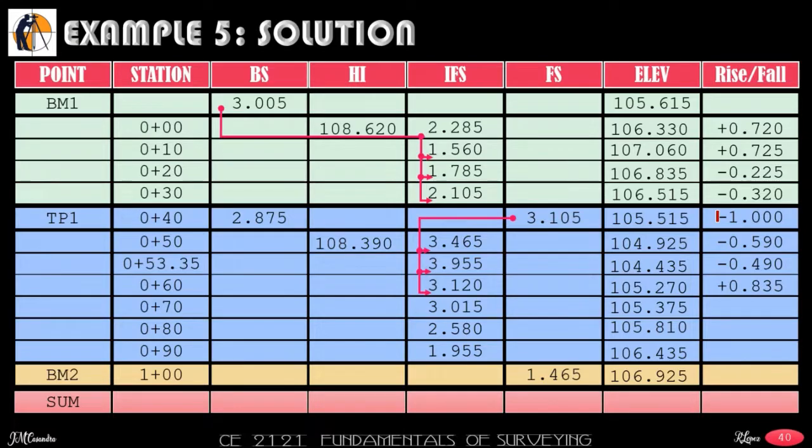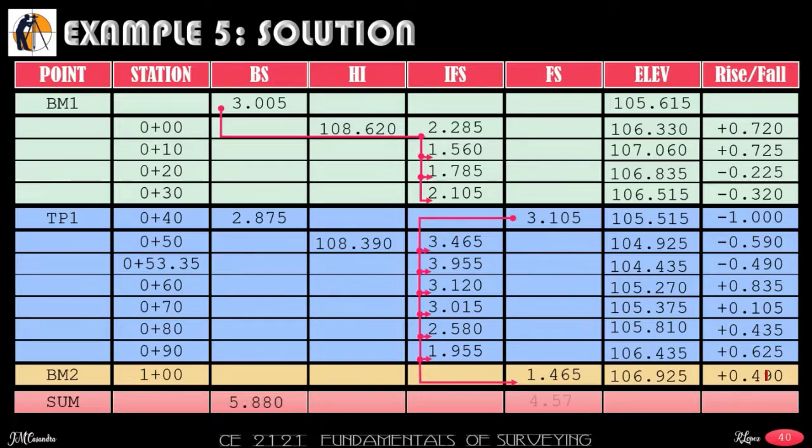So next, subtract for every station the values of foresights. So if there is no foresight to be subtracted from, you start with the backside. So it simply means that from our starting position, there was a rise, and then a fall, and rise again.